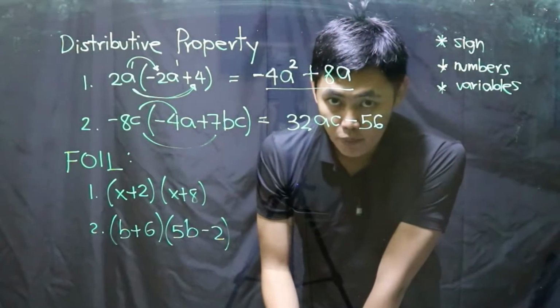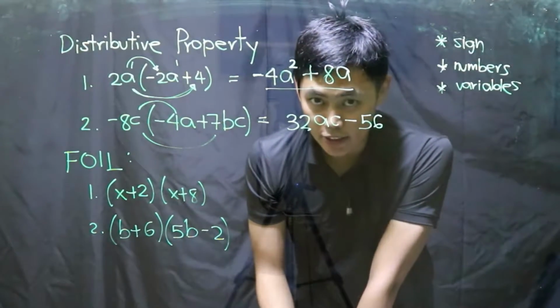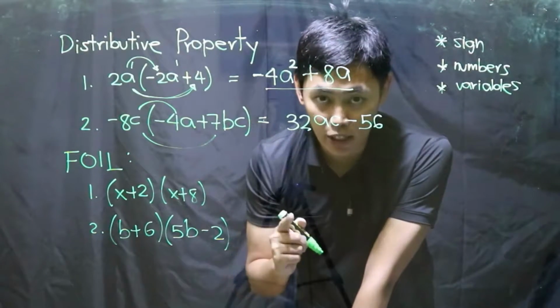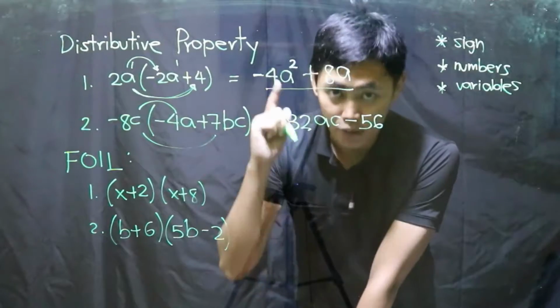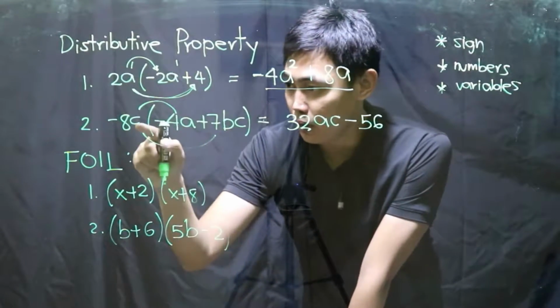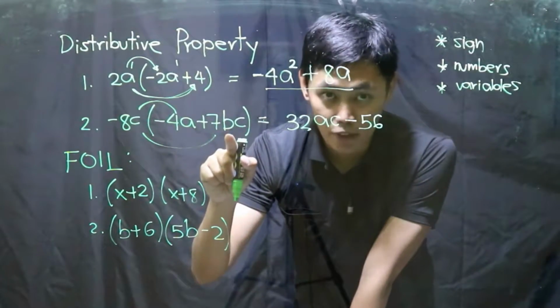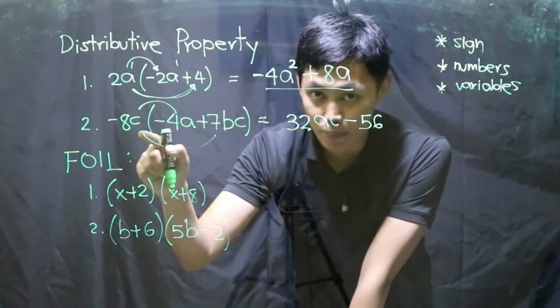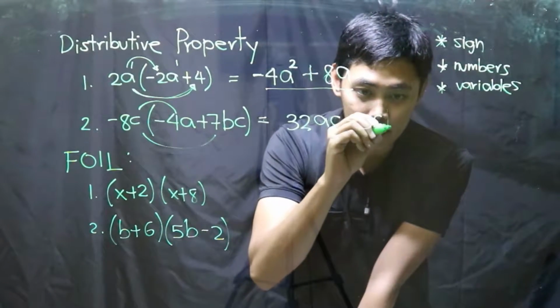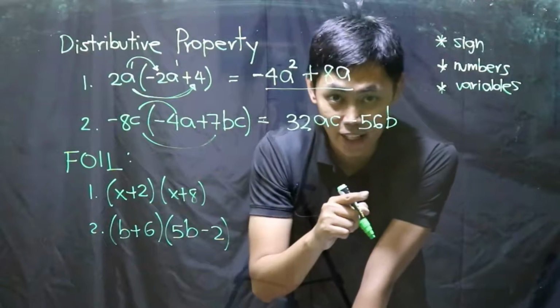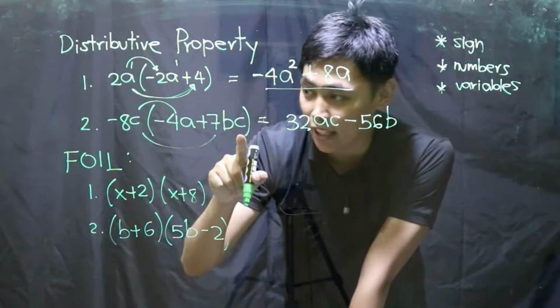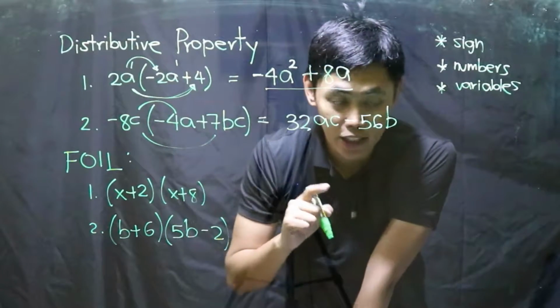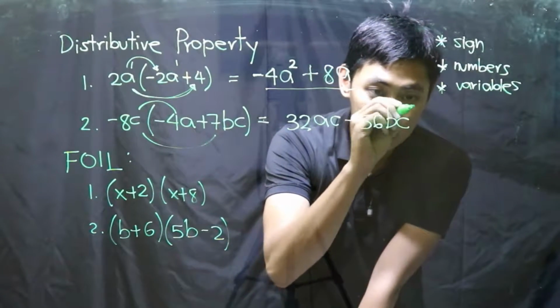In doing things like this, remember that we can only combine if they have the same base. So B will not be affected because there are no other B's here. We will just simply write B here. But since there's a C here and another C on the inside, C times C would be C squared.